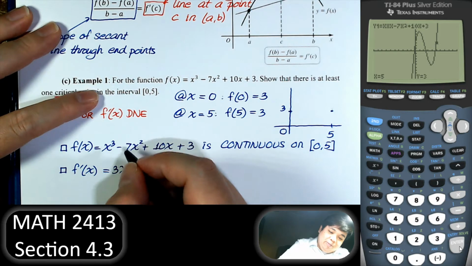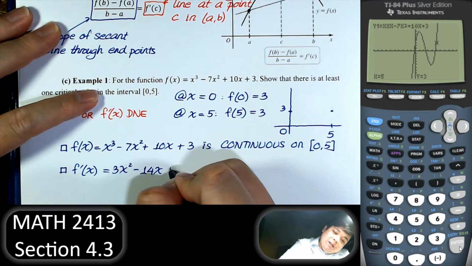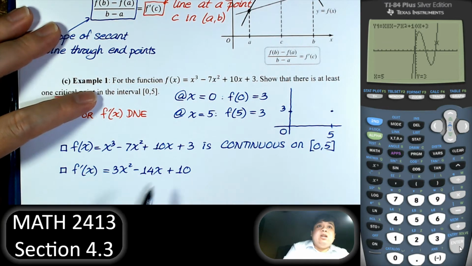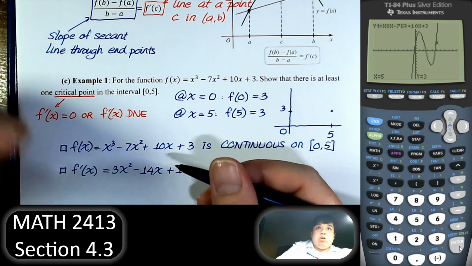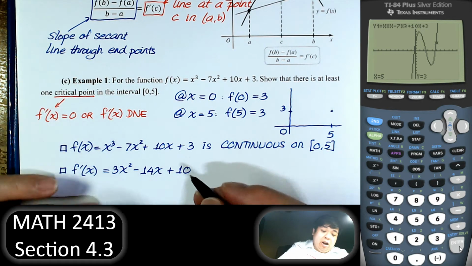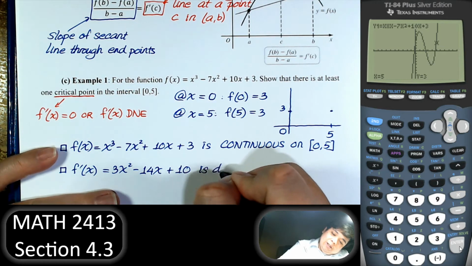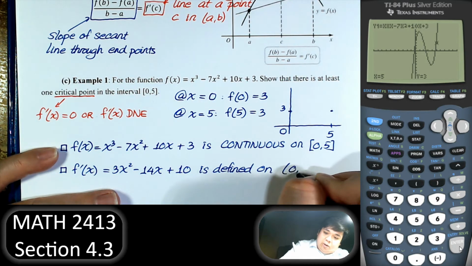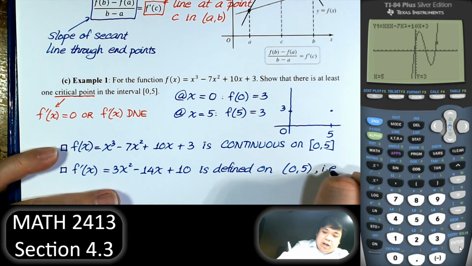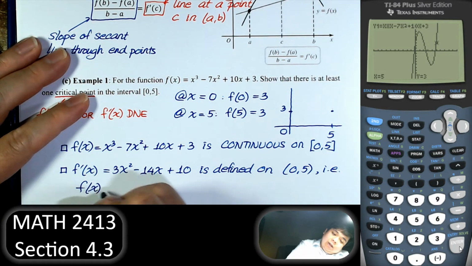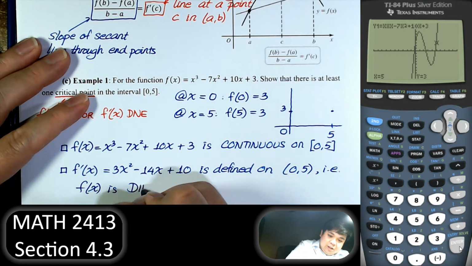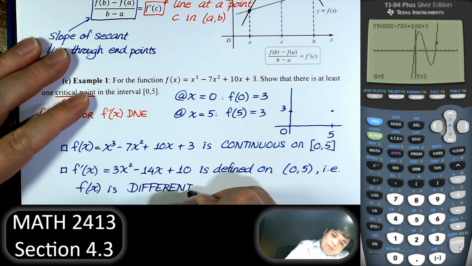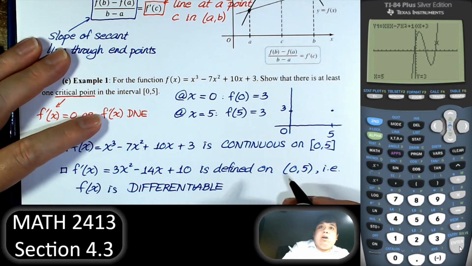Well, we see this is a polynomial, so of course it is defined everywhere on the closed interval 0 to 5, meaning that the function is differentiable on 0 to 5.